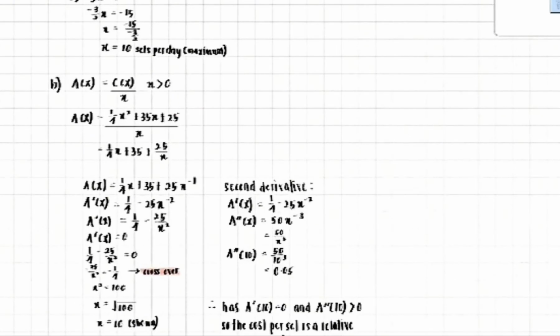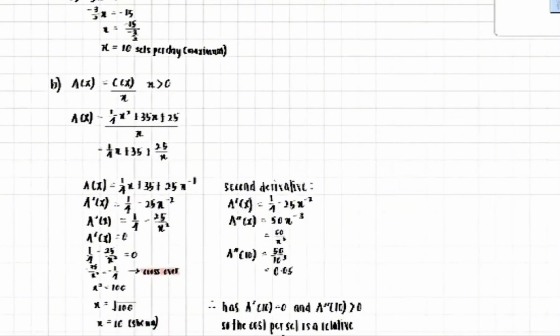So we get 1 over 4 x plus 35 plus 25 over x. We need to differentiate this equation, A prime x equal to 1 over 4 minus 25 over x squared. So A prime x equal to 0. We can find x, and then we got x is 10.